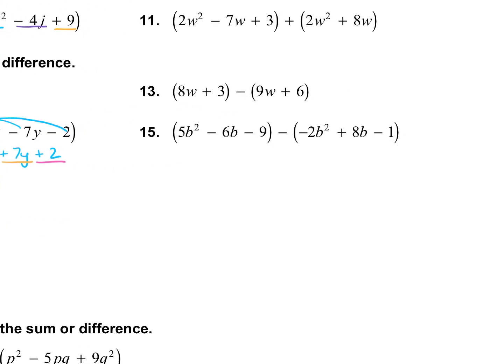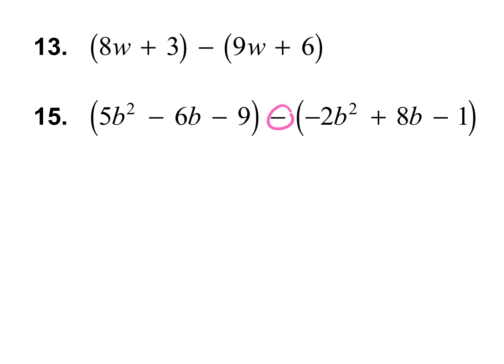Let's do 15. What's the first step we have to do when we are finding the difference? Distribute the minus. We distribute that to everything behind it. So this turns into plus 2b squared minus 8b and plus 1. So everything behind it flips signs. Now we just combine our like terms.